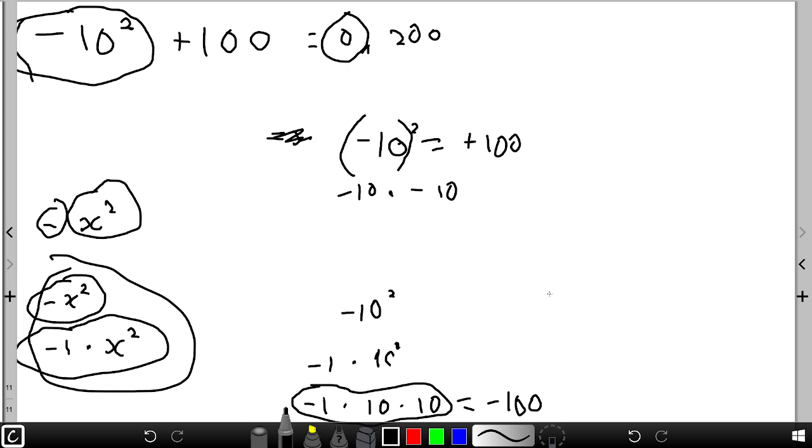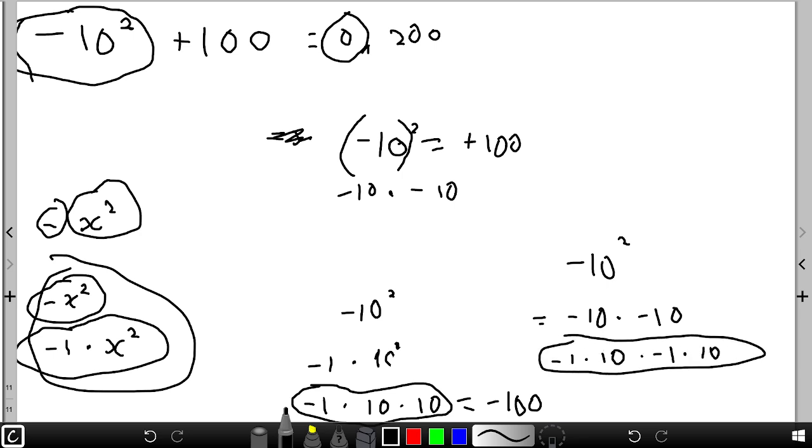Now, the other argument that people are trying to say is that negative 10 squared is negative 10 times negative 10, which would be the same as writing negative 1 times 10 times negative 1 times 10. That's what they're trying to say, but the second negative 1 doesn't just appear. This is the commonly accepted notation for it.